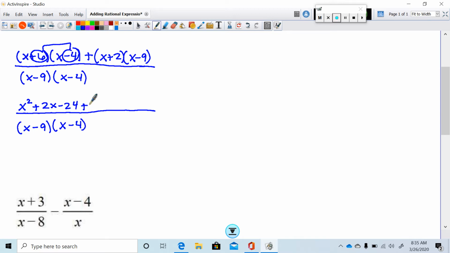Then we've got a plus sign, and we're going to do the same for these. So x times x is x squared. Add these together. 2 minus 9 is negative 7. Got my x. And then multiply them. 2 times negative 9 is negative 18. So your denominator, like I said, is going to stay like it was.